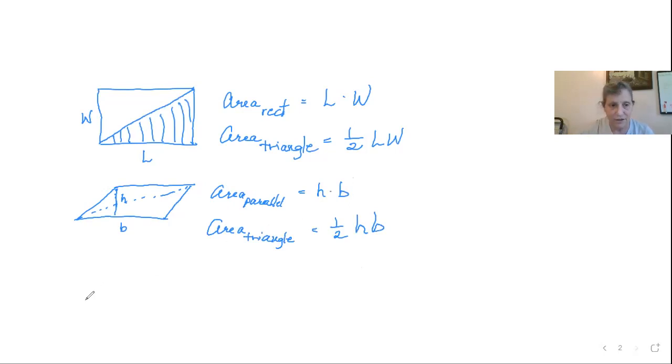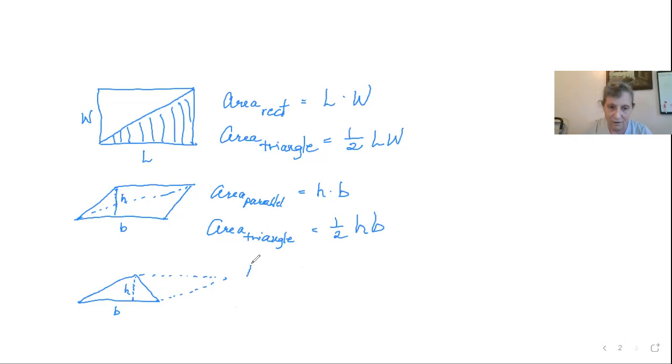Well, if I took just a triangle, you can actually always make a parallelogram by taking a triangle and then copying it over here. And that would make a parallelogram out of it. So if this is the height, and if this one is the base, this would be the height.